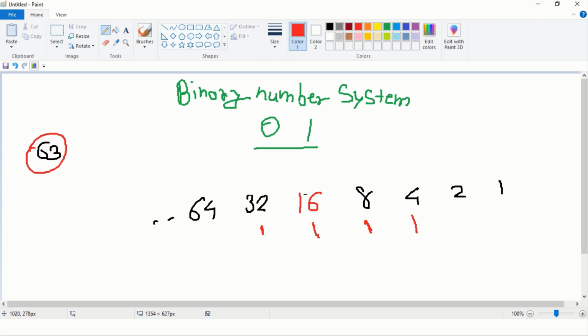If we take 2, then it will become 62. And then if we take 1, then it will become 63. In this way I can represent number 63 in binary with 6 ones.